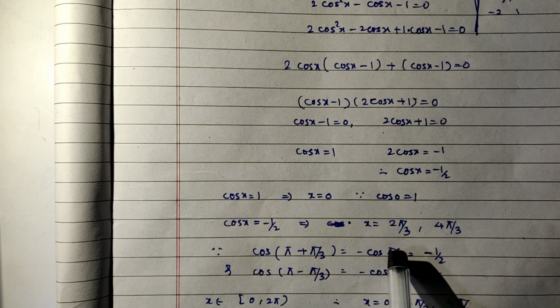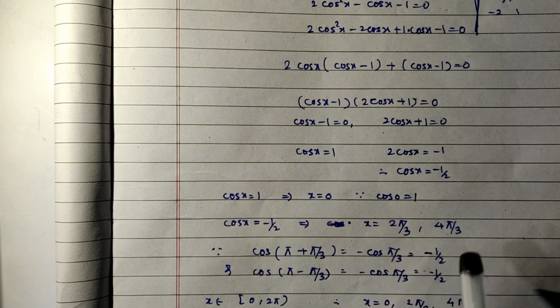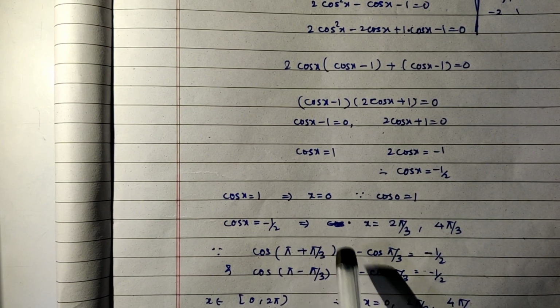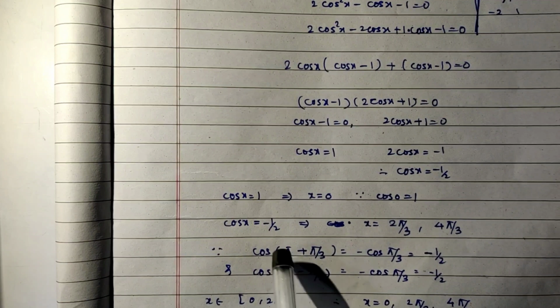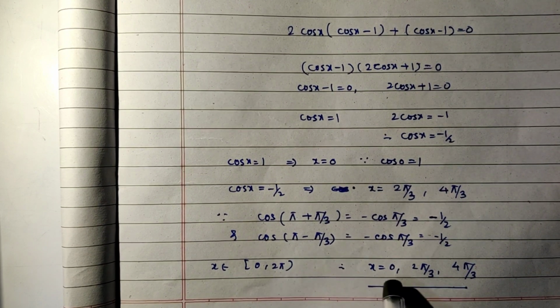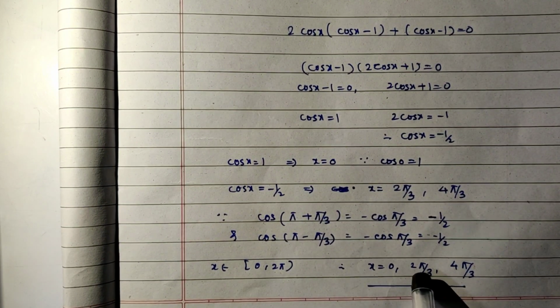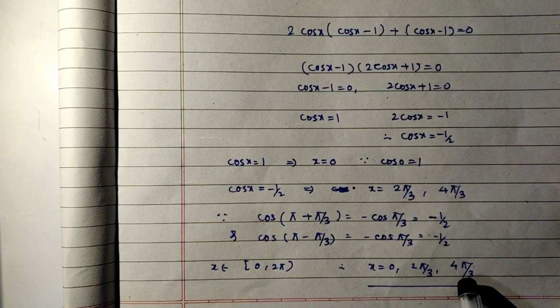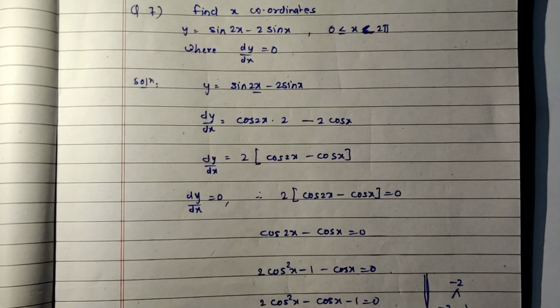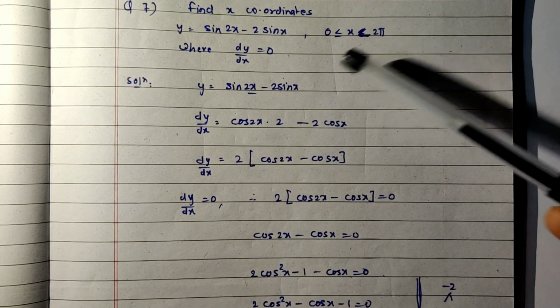So one value is 2 pi by 3 and another value is 4 pi by 3. So what are the possible values of x in this interval? Either 0, 2 pi by 3 or 4 pi by 3, for which the derivative dy by dx is equal to 0.